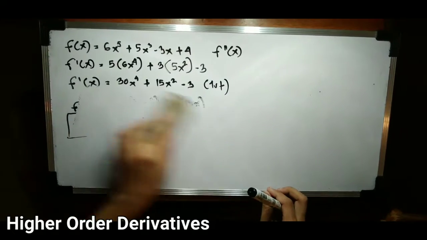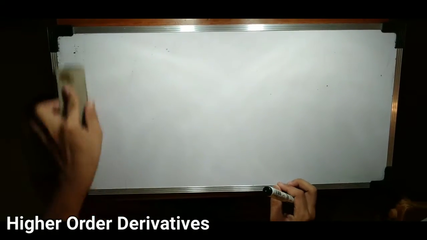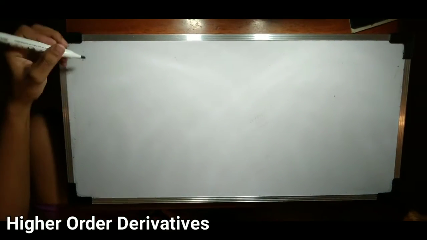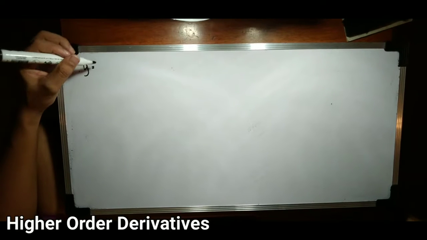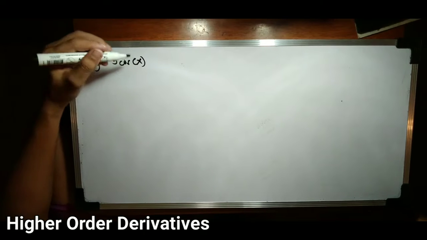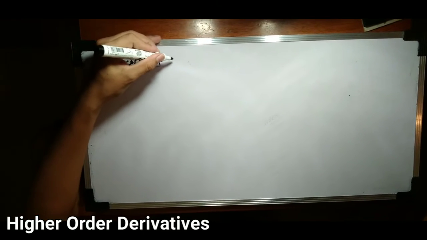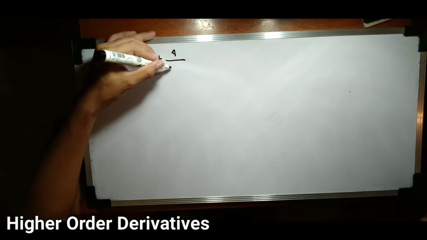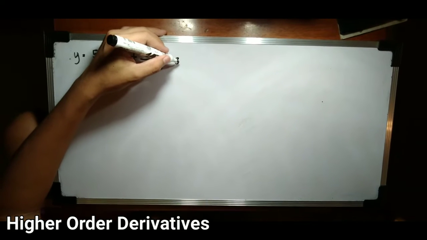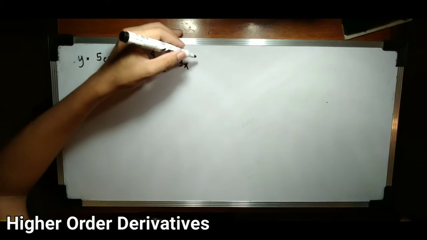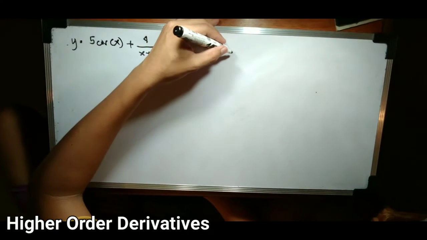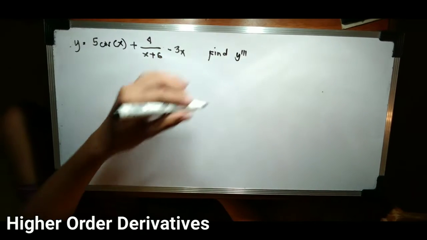So we have another example, our last example. So I have y equals 5 cosine x plus 4 over x plus 6, minus 3x, and we will find the third derivative.